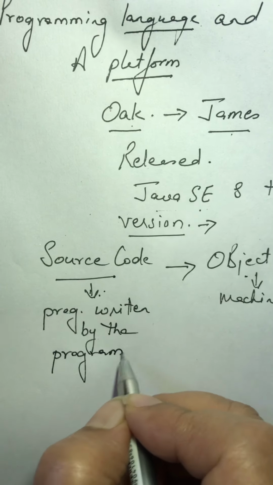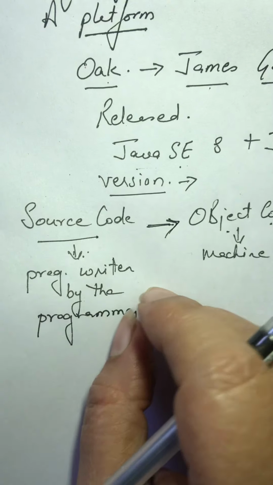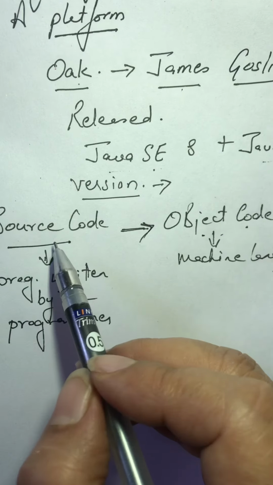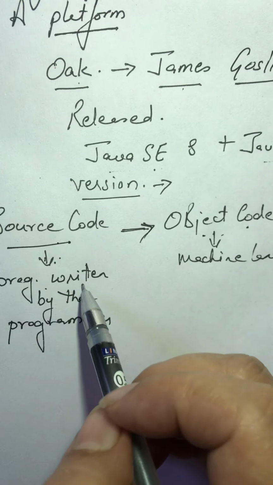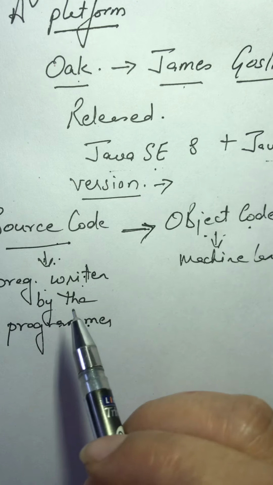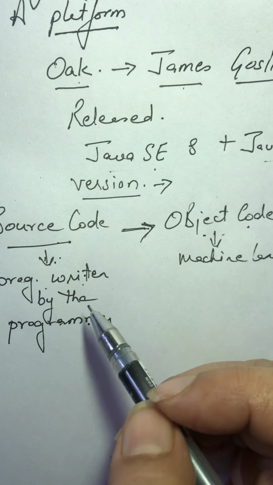So till now we know that there are two things. One is source code and the other is object code. The source code, the program which the user writes, is understandable only by the user or the one who can read English and understand the coding.